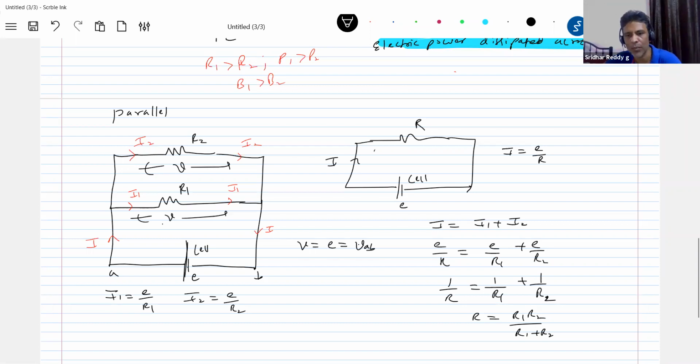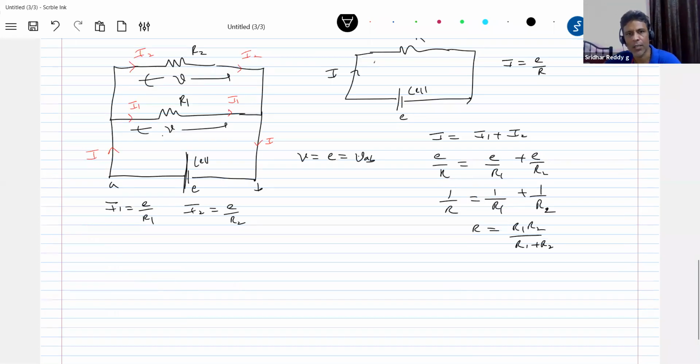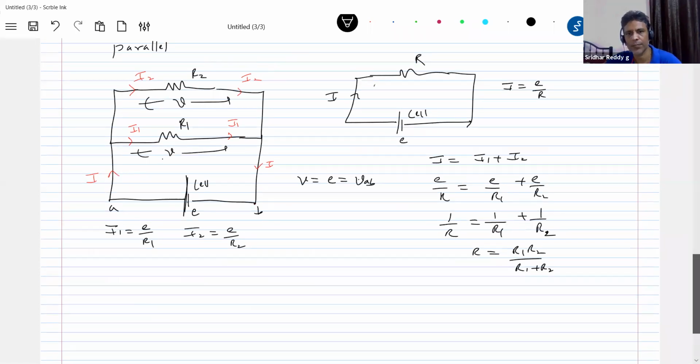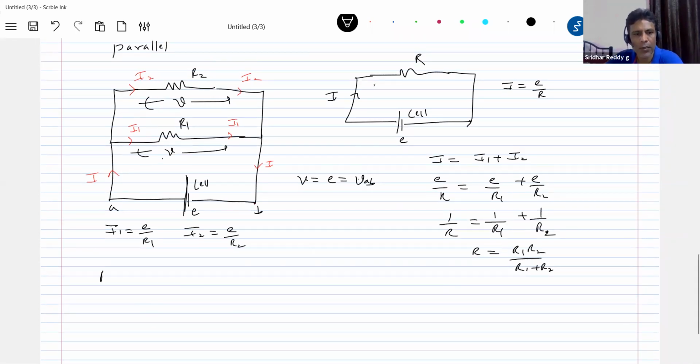Let's go for power dissipation. What conditions will come for power dissipation? What is the power dissipation? P1 is equal to, you can write directly, V square by R1. I can also write I square R1. Okay, now I'll start with this formula, I1 square R1. So what is I1?